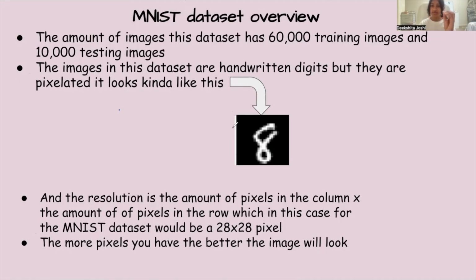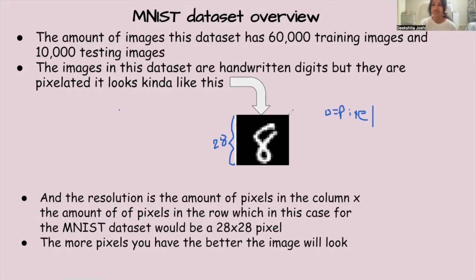The 28 by 28 pixel, so there are different numbers of pixels, and here it has 28 pixels. A pixel is one of those tiny squares, so I'm just going to leave that out for you in case you're still confused.